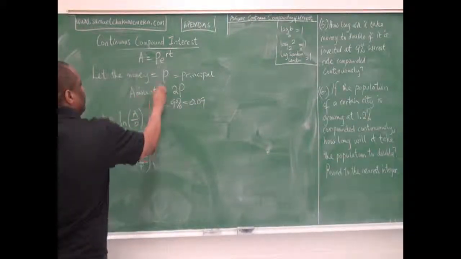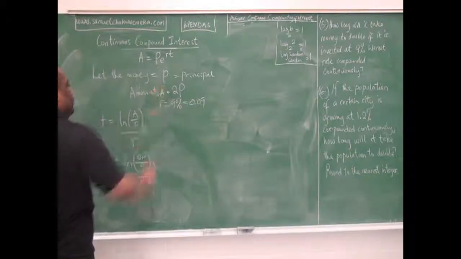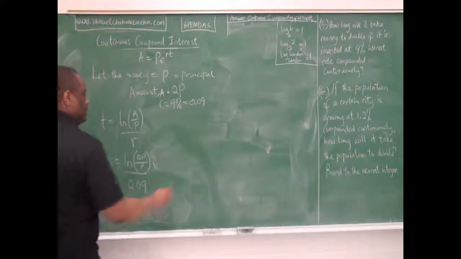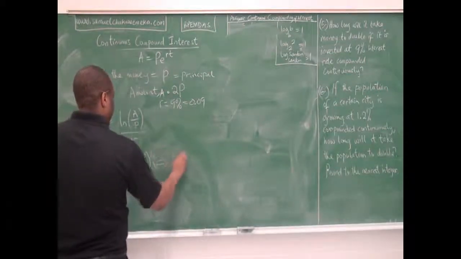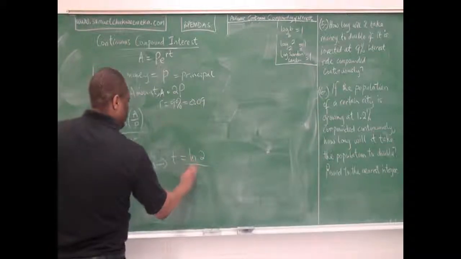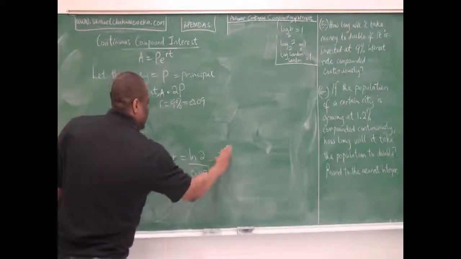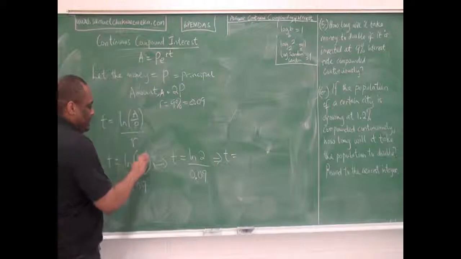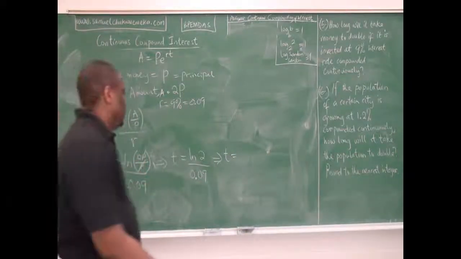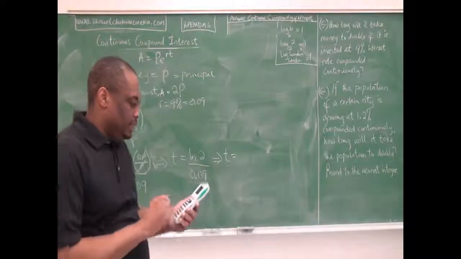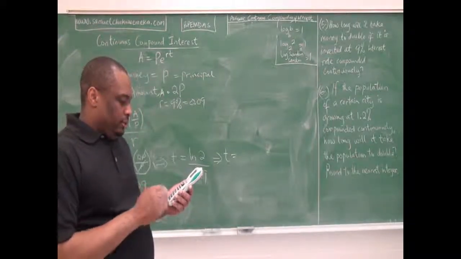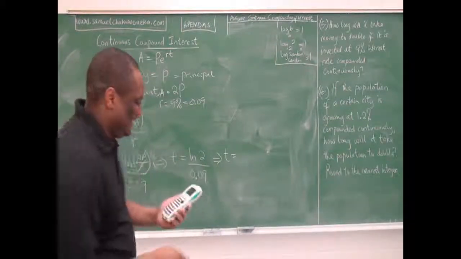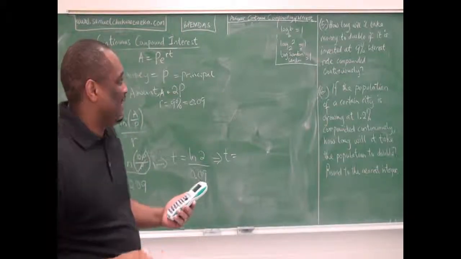So T will be ln 2 over 0.09, because 2P divided by P, the P cancels. That's why you have 2. So you do ln 2 divided by 0.09. With my calculator, I just put in ln 2 divided by 0.09.